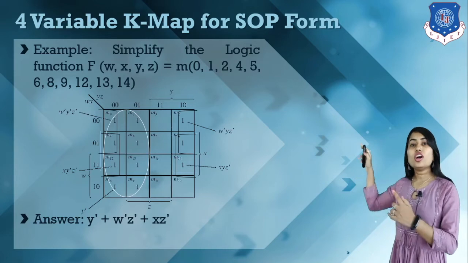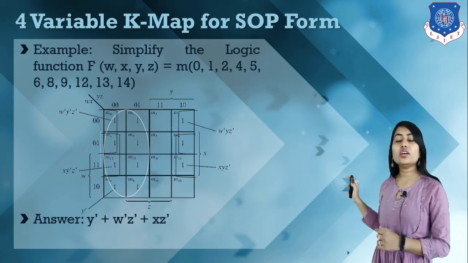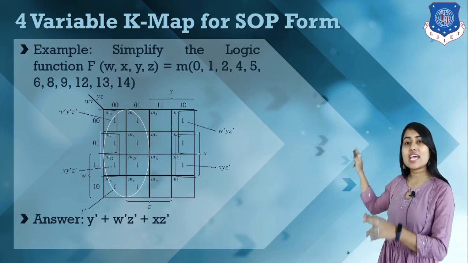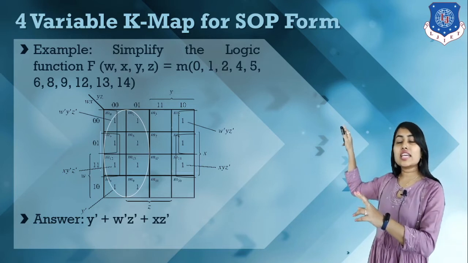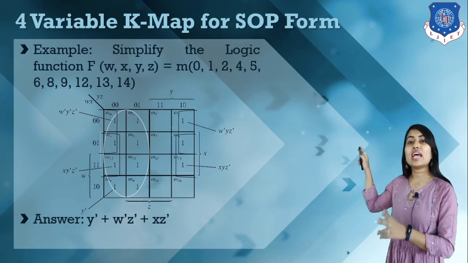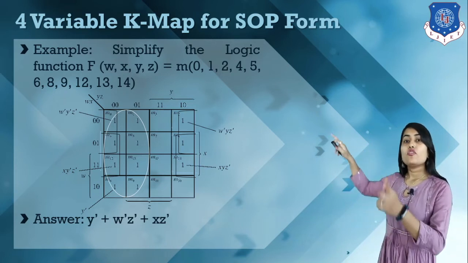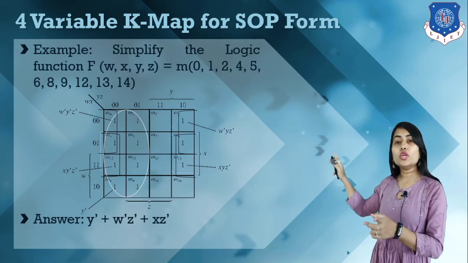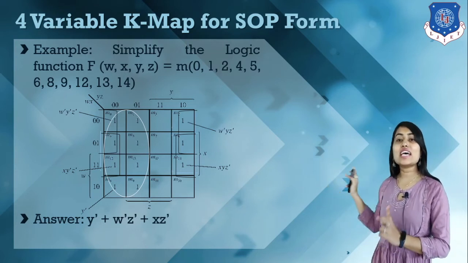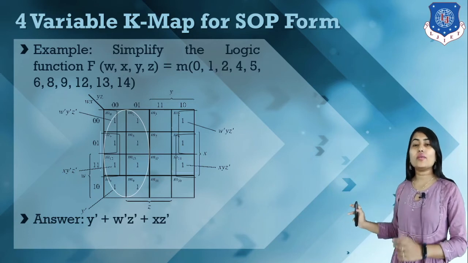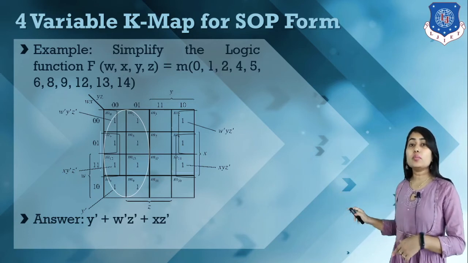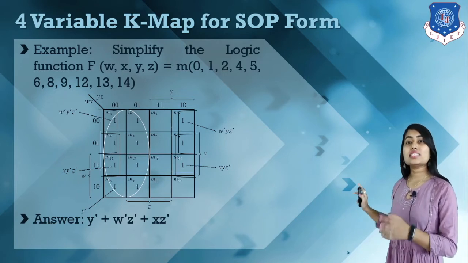For this group we have x dash, z dash, for this group w dash, z dash, and for this group x dash, z dash. So our answer is y dash plus w dash z dash plus x dash z dash.